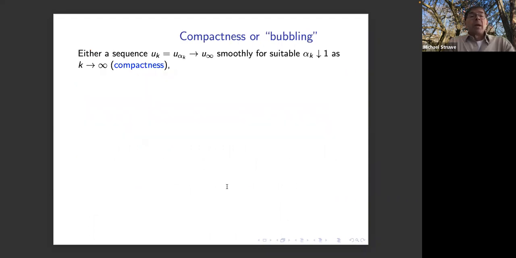But something could get in the way. Of course, there's always the possibility that we do have convergence, that u_{alpha_k} for suitable alpha_k tending to 1 converges smoothly to some limit u_infinity, which would then be the desired harmonic map. So that would be the nice case, or the case of compactness.